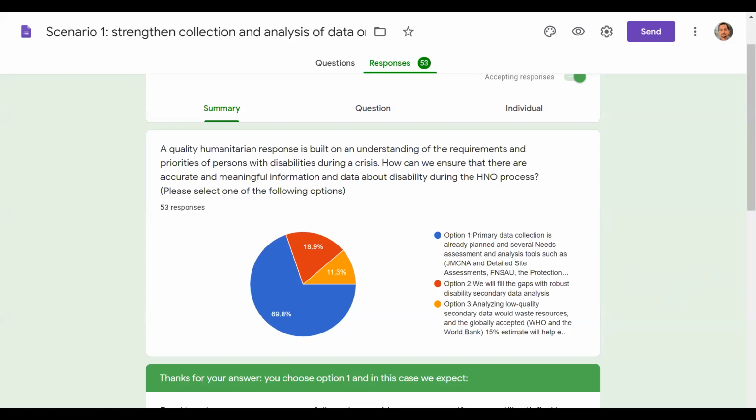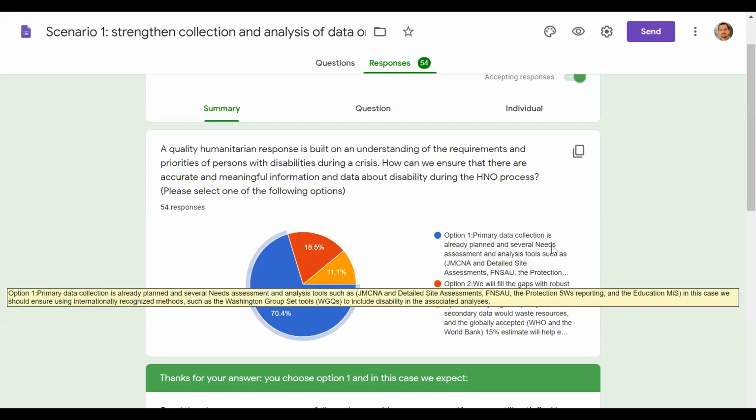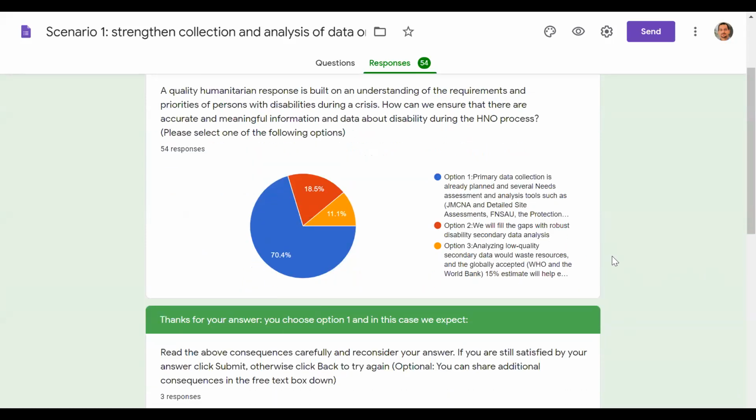Now, option number three. There is no right answer among these three. Option number three was the choice of about 11%. Option number three is, in a sense, the default approach, where you say, well, globally, we understand that about 15% of the world's population are disabled, and we can use that as a good starting point for our understanding of the situation, with a couple of caveats, of course.